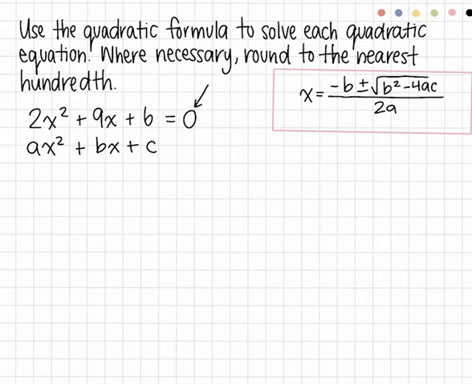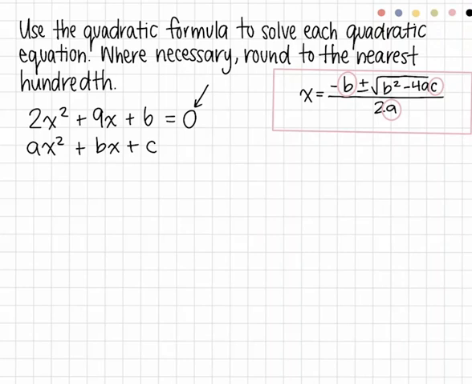So let's extract information from this quadratic equation so that we can substitute it into the quadratic formula. Let's look in the quadratic formula first. I need to find an a value, b values, and c values.